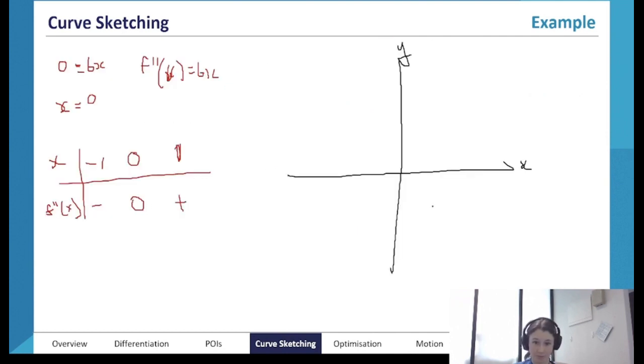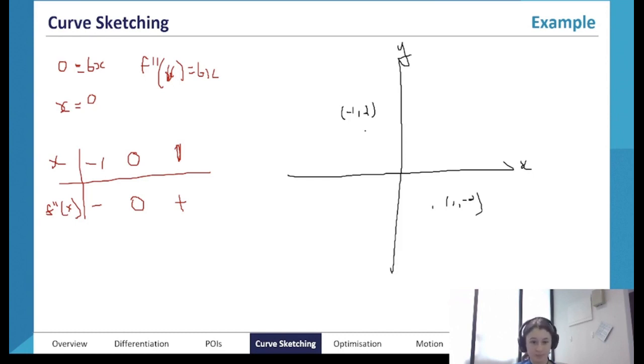So we're going to have 1 down here, 1, negative 2. And then at negative 1, 2 are going to be our two stationary points.